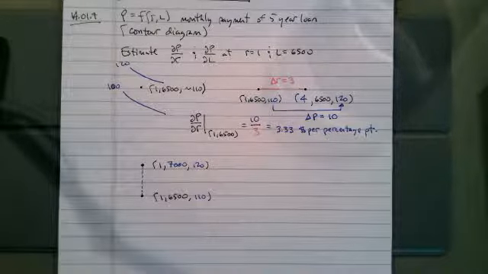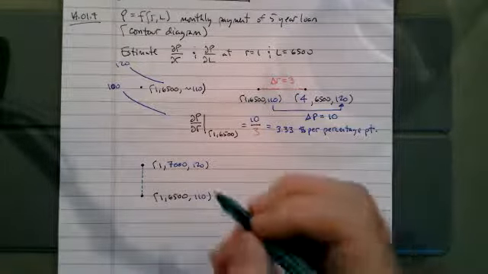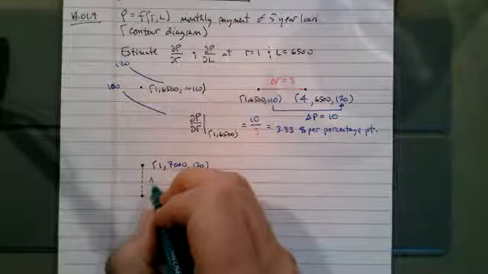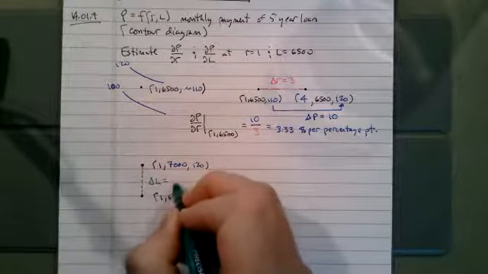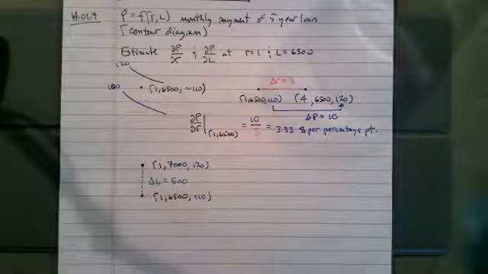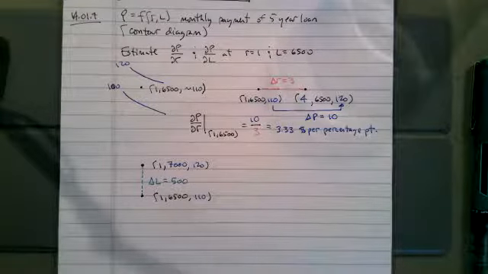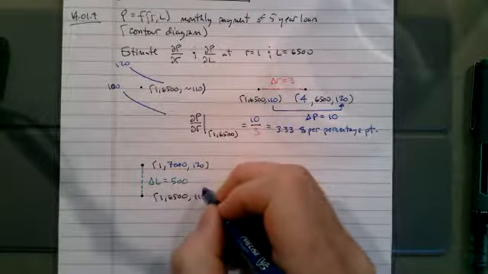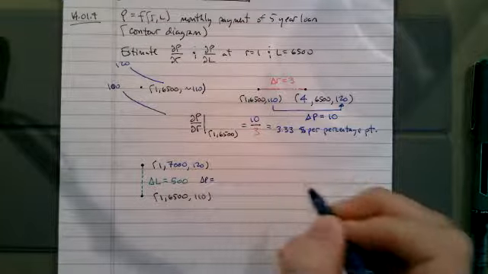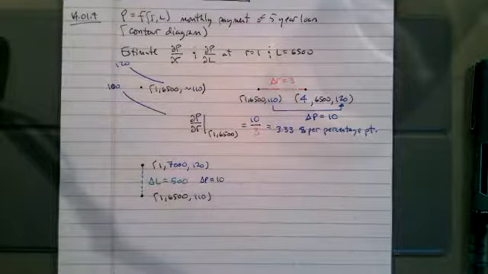So in this case, we can see our delta L, the change in the loan amount, was an increase of $500. And the delta P was an increase of $10.